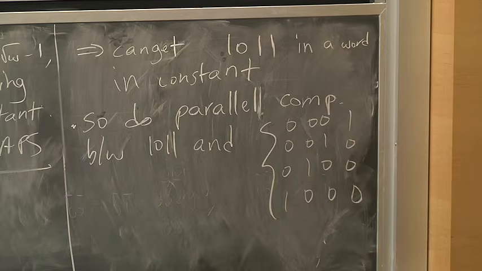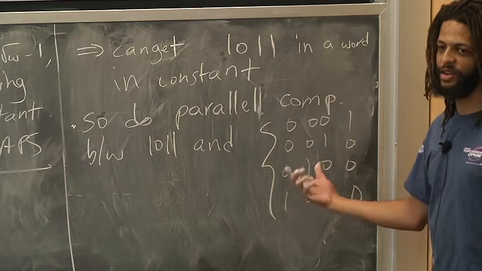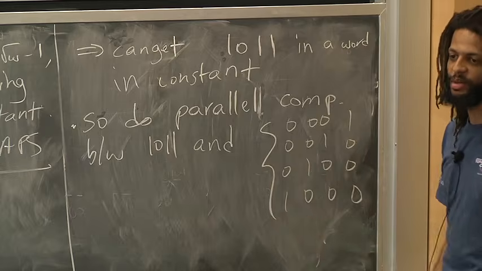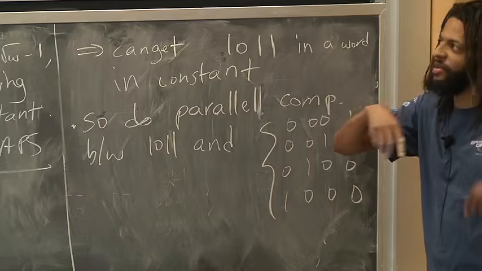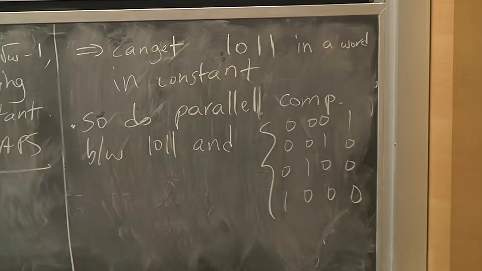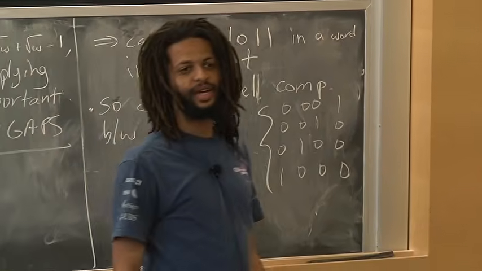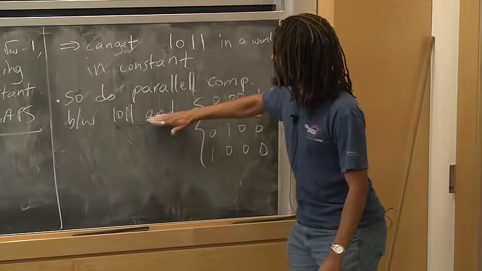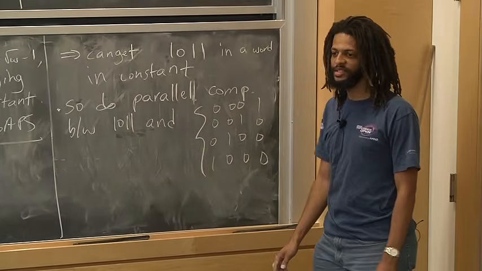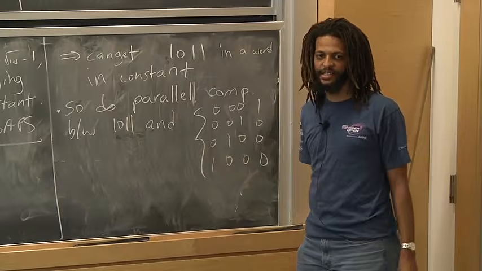Okay. Each one is root W wide. They're root W wide. They're root W of them. They fit in a word. Even when you put those extra 1s in between, remember to do parallel comparison, you had to put these 1s and 0s as stop measures. It still fits in 2 words. Okay? And you do a parallel comparison with this vector repeated a bunch of times, you'll find it out. Now you know the index of the first cluster.